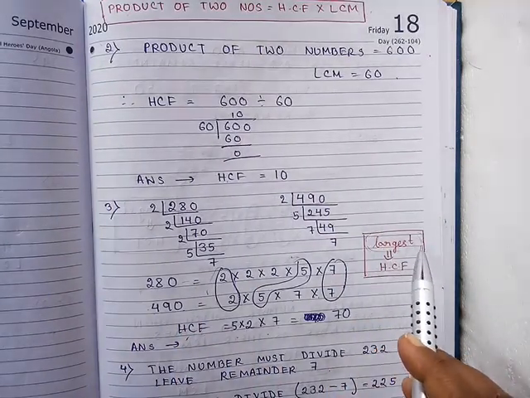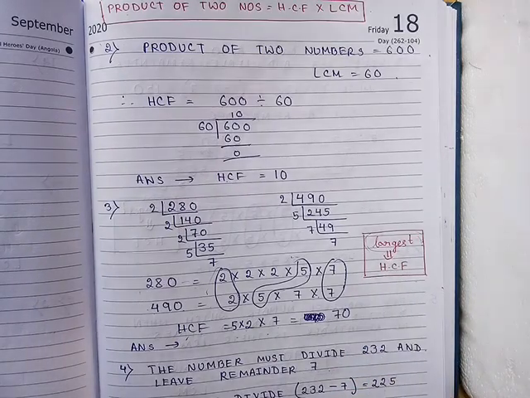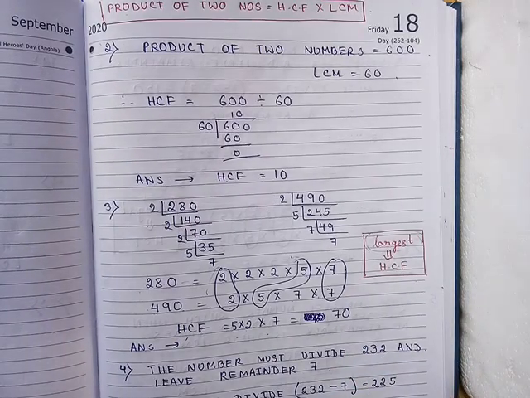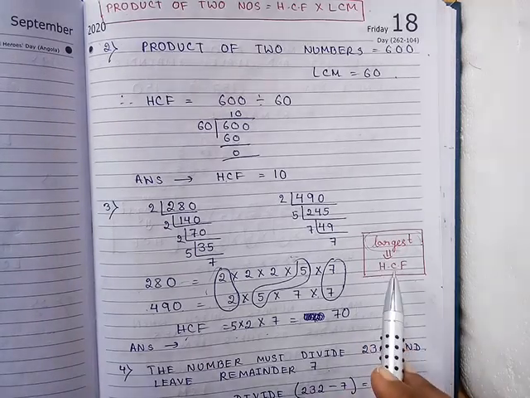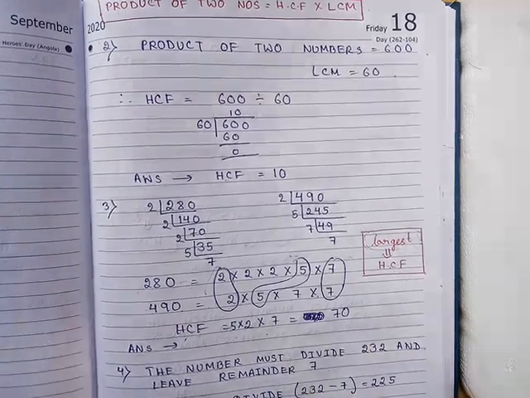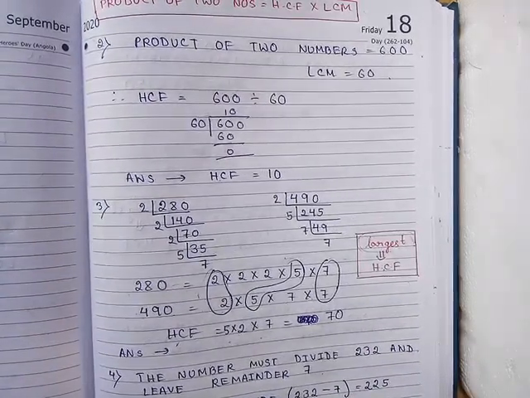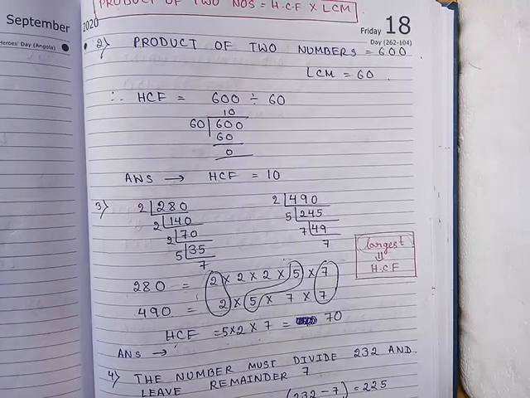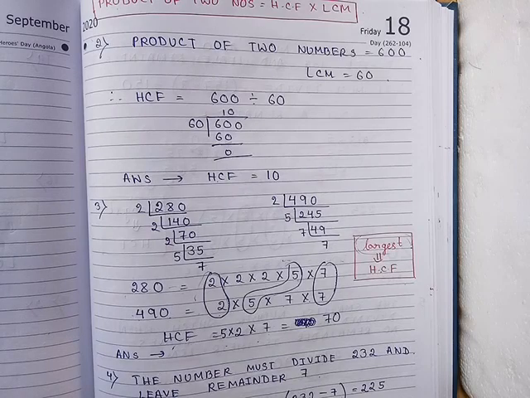The term largest number means we have to find the HCF. So if in any question you get the words find the largest number, that means you have to find the HCF only. And for the remaining sums from 5 to 8, the term is smallest number. When we are finding the smallest number, we have to find the LCM.